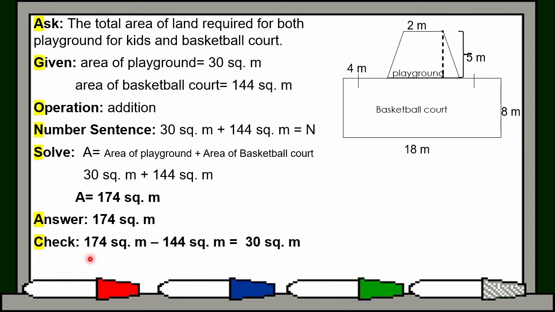And let us check. 174 square meters minus 144 square meters is equals to 30 square meters. Or pwede din namang baligtad. 174 square meters minus 30 square meters, our answer is 144 square meters. So, lagi nyo lang tandaan itong ating acronym na AGONSAC para hindi kayo mahirapan sa pagsagot ng mga word problems.